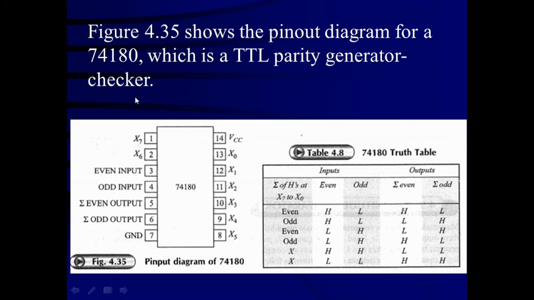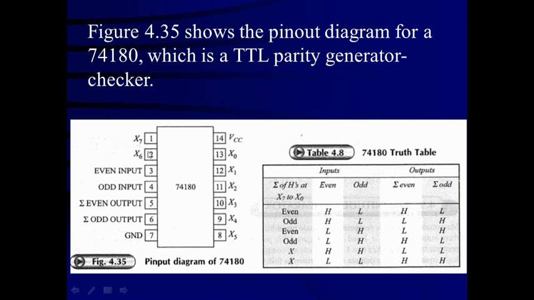Now we are not going to build this kind of thing with exclusive OR gates. The TTL, transistor-transistor logic IC 74180 contains a parity generator as well as a parity checker circuit. You can see that this IC is a 14-pin IC, the 14th pin is VCC and this is the ground.